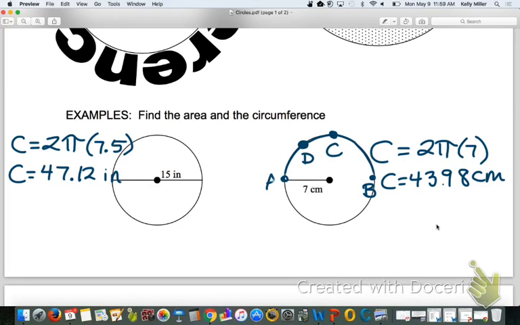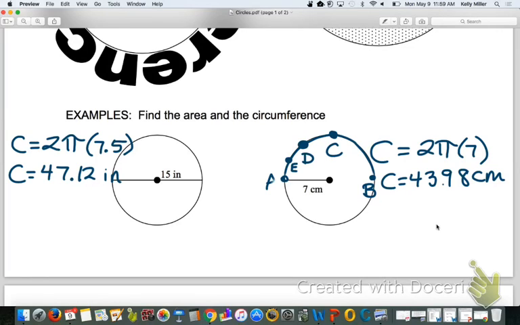1/8. Good. What if I made point E and made it half of 45? Half of 40 is 20, so 22.5. What if I was at 22.5 degrees of a circle? It would be 1/16, right? So whatever your fraction of the circle is, what operation do we do with the circumference?